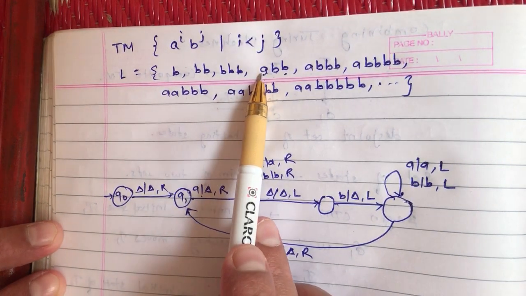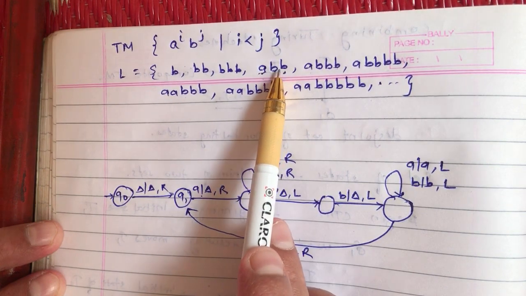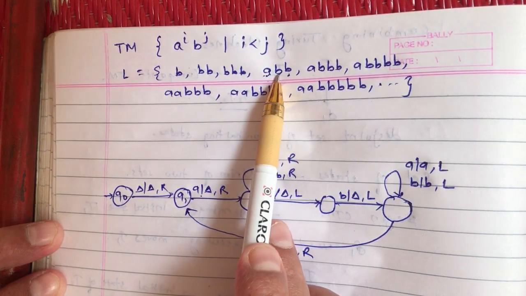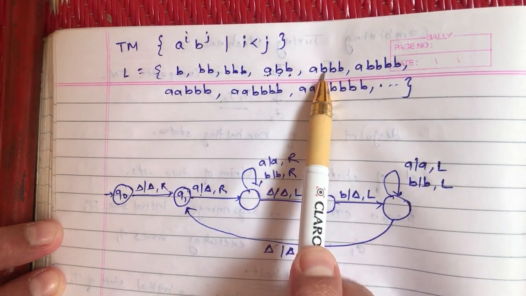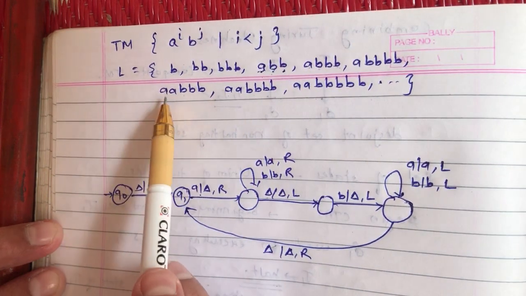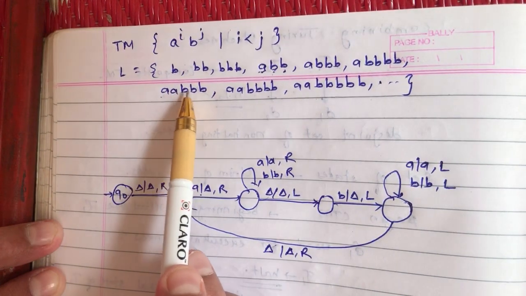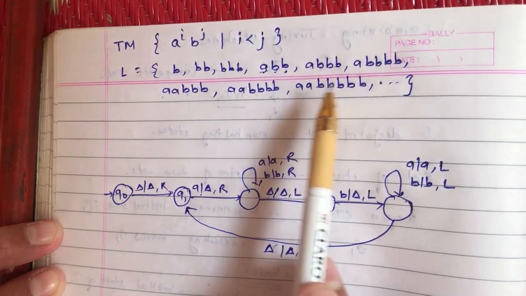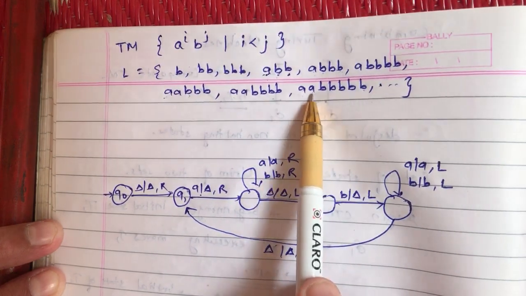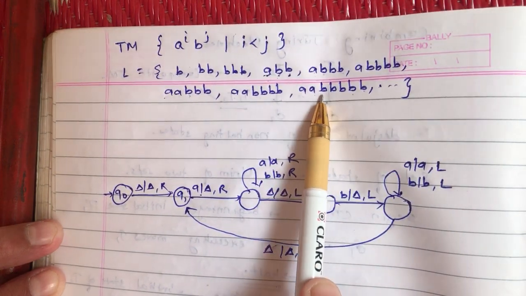So for this a, this b will be made blank and we'll come and stop here in this example. Similarly, for this a, this b will be made blank, and for this a, this will be made blank, and we'll come and stop here. In this example, for this a, this b will be made blank, for this a, this b will be made blank and we'll come and stop here, right?